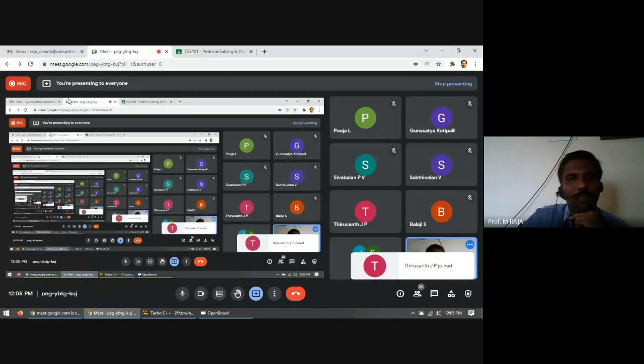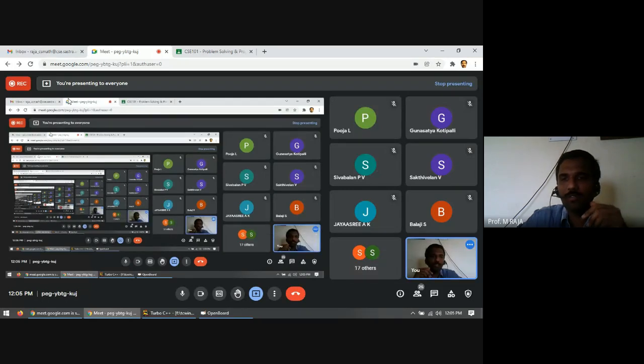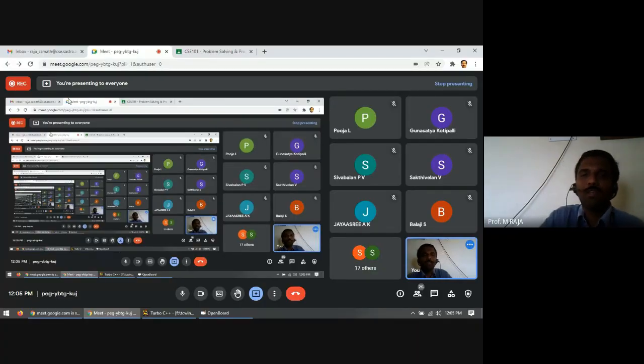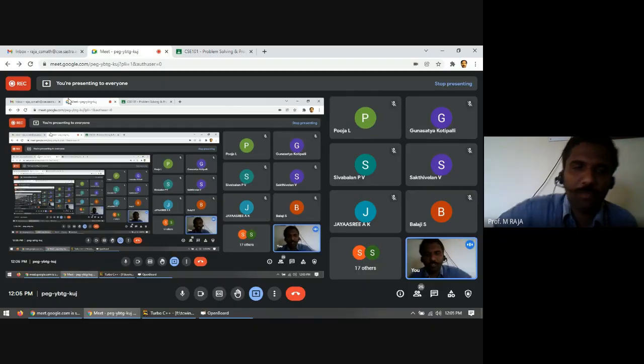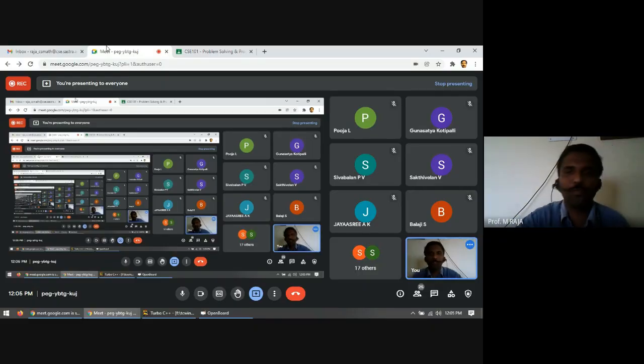Next, let us define a function so that the function receives the parameters, that means the coefficients of the polynomial a, b, c, so that inside the function definition we can find the roots. Also we can find the nature of the roots, and we can display both the nature as well as the actual roots.